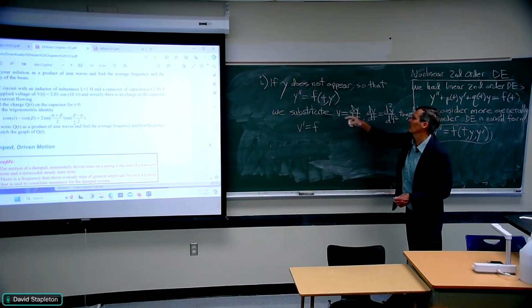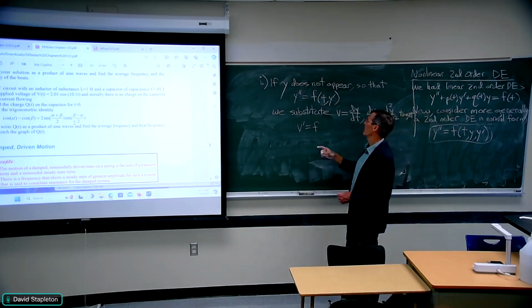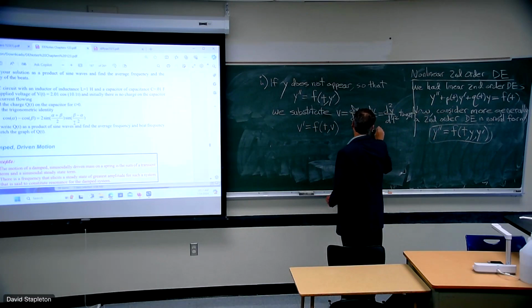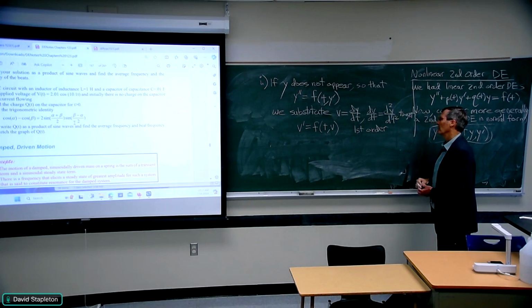That is, f is written as a function of t and y prime alone. Then we make the substitution and we get v prime equals f of t and v, a first order equation. And now we appeal to our multitude of first order equation methods to try and solve this.